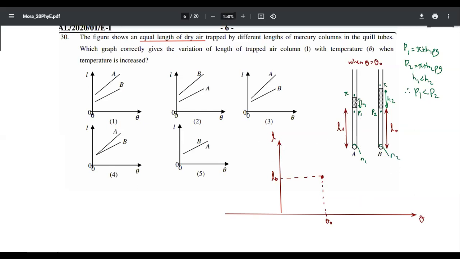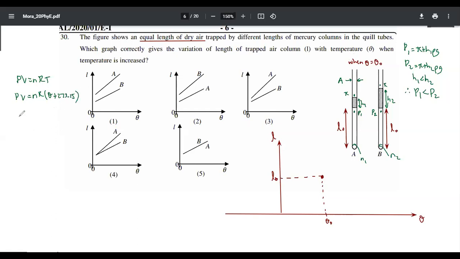Now, if I develop an equation for length versus theta, this is the cross-sectional area. Let's say it's a uniform tube. Have they told it's a uniform tube? Equal length of dry air, different lengths of mercury column in the capillary tube. Let's assume that the area is constant, A. Now what is the equation I have right here? PV equals nRT. Since this is degrees Celsius, they have not said it is thermodynamic or absolute temperature, we have to change it: nR(theta plus 273.15).